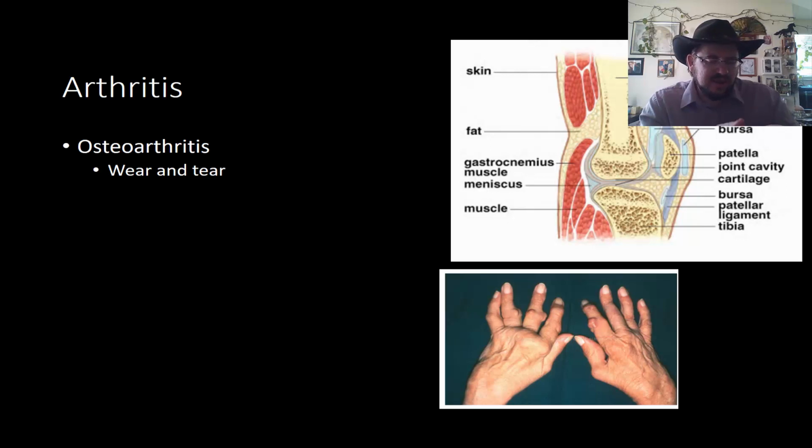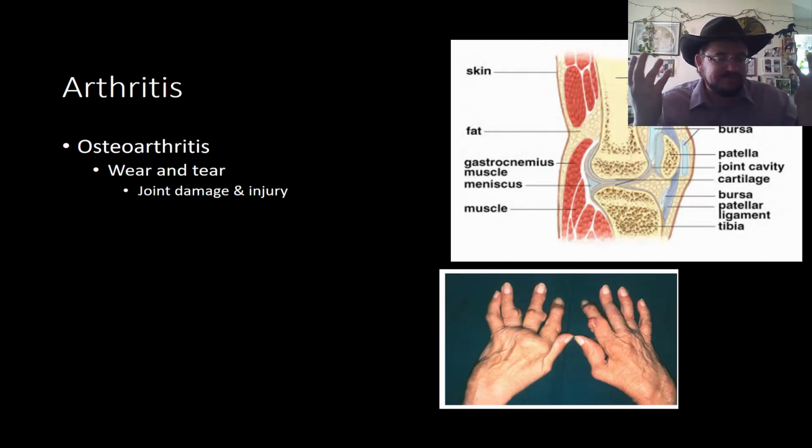And you can even, in advanced cases, get almost fusion of the joint. So arthritis is sucky. Osteoarthritis is from wear and tear, from a lifetime of joint damage and injury. So much more common in people with very active, dangerous jobs where they are, like footballers colliding into each other.